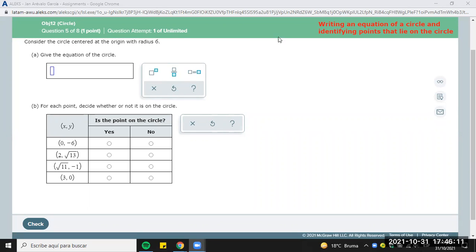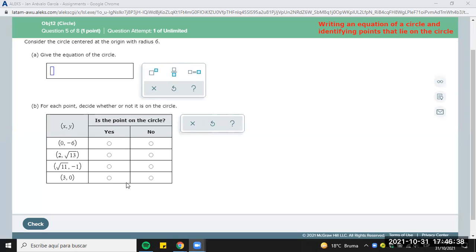This is my favorite exercise because you can tell what is the meaning of all of this about equations and figures in analytic geometry by trying to solve the equation with the points given.